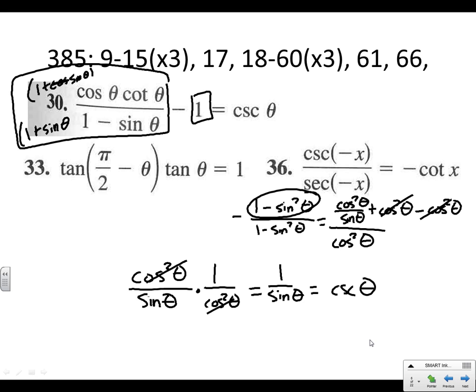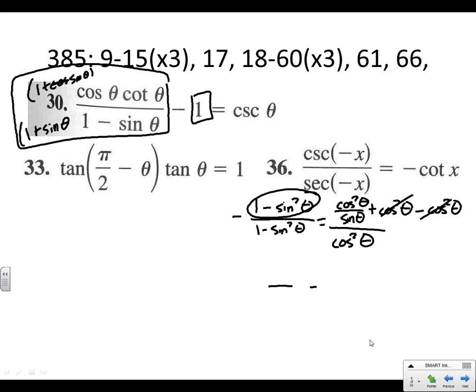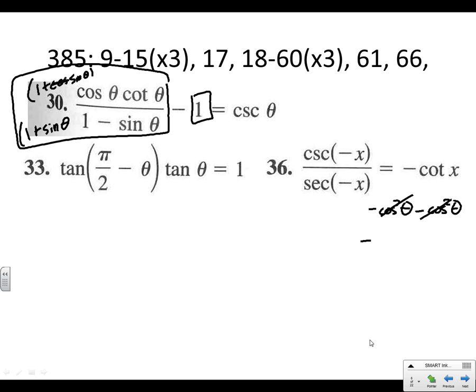And we'll do 36 on the same slide here. All right, 36, cosecant of negative x. If we look at our formula sheet, that just turns into negative cosecant x. Secant of negative x turns into itself without the negative, secant x.